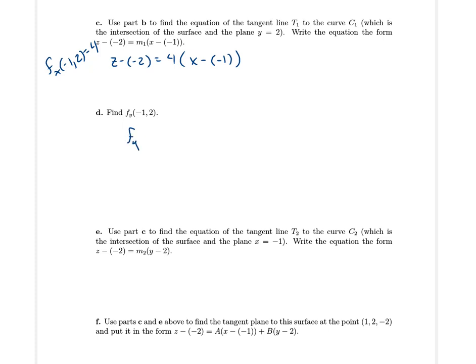The partial with respect to y is negative 2y, and so the partial with respect to y at negative 1, 2 is equal to negative 2 times 2, which would be negative 4.